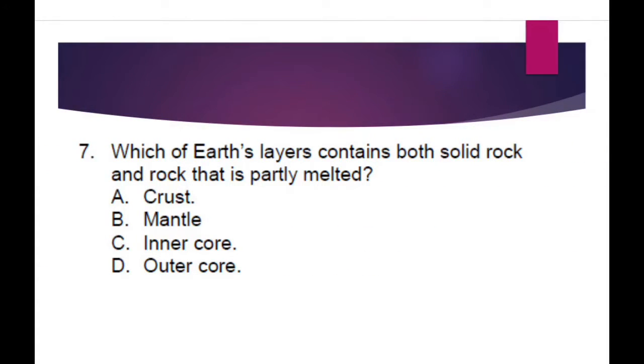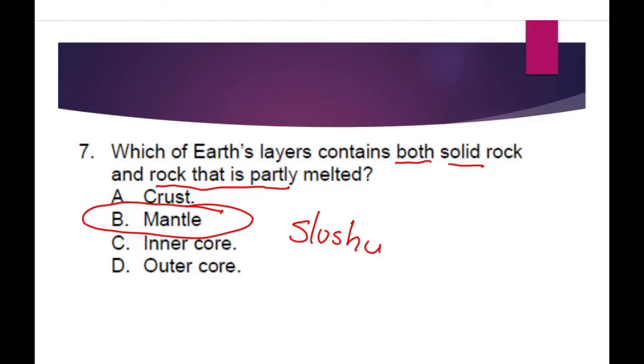Number 7, which of Earth's layers contains both solid rock and rock that's partly melted? Is it A, the crust, B, the mantle, C, the inner core, or D, the outer core? You should have gotten the mantle. The mantle is that slushy, partly melted rock.